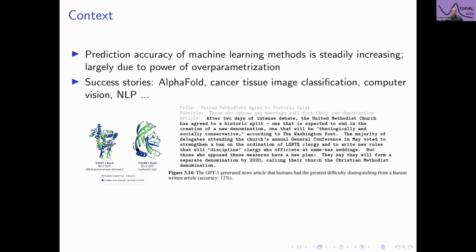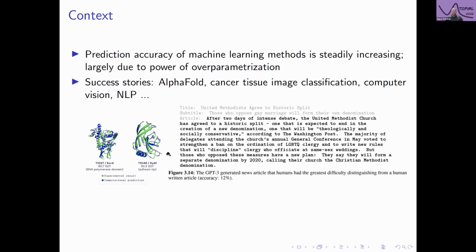It predicts very well. And it has been chosen by the journal Science as the scientific breakthrough of 2021 among millions of scientific papers that have been published that year. So it's really outside of the community of machine learning. So it's really somehow impressive.